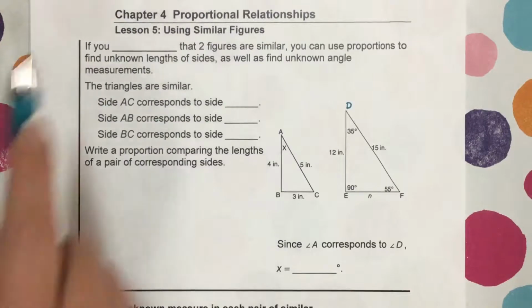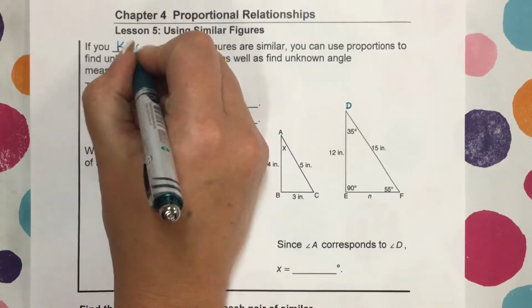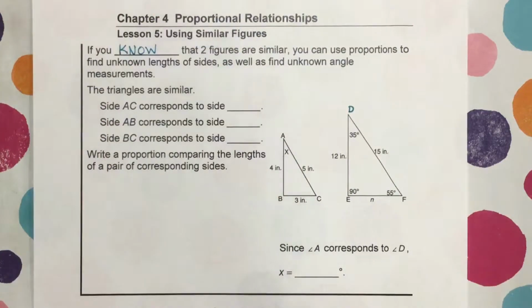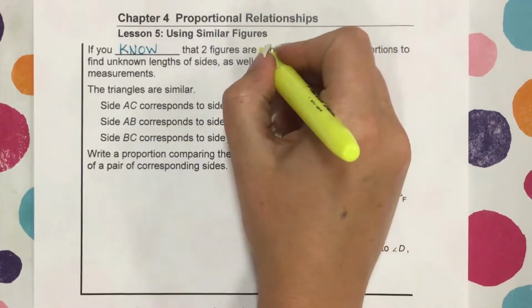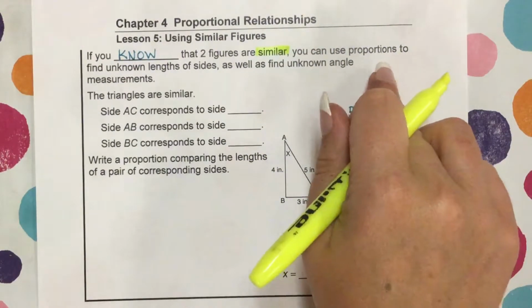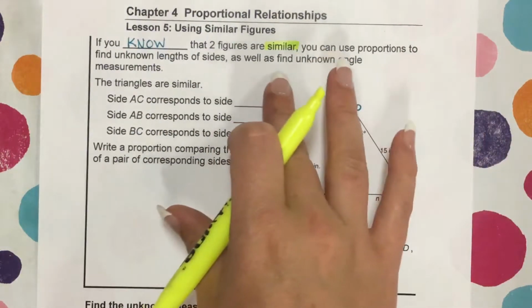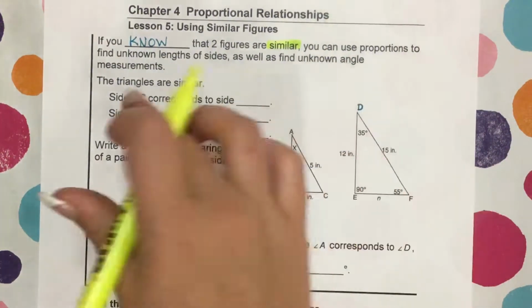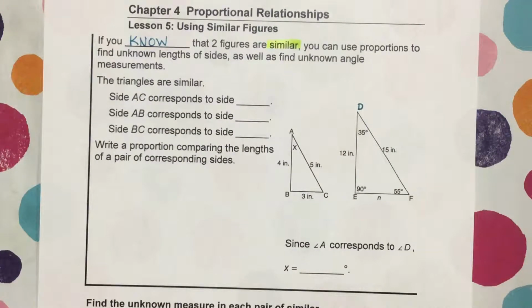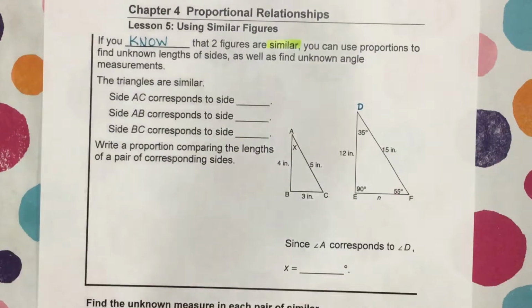So to get started, if you absolutely know that two figures are similar, you can use proportions to find unknown lengths of sides as well as find unknown angle measurements. So there's two things you can do if you know that two figures are similar.